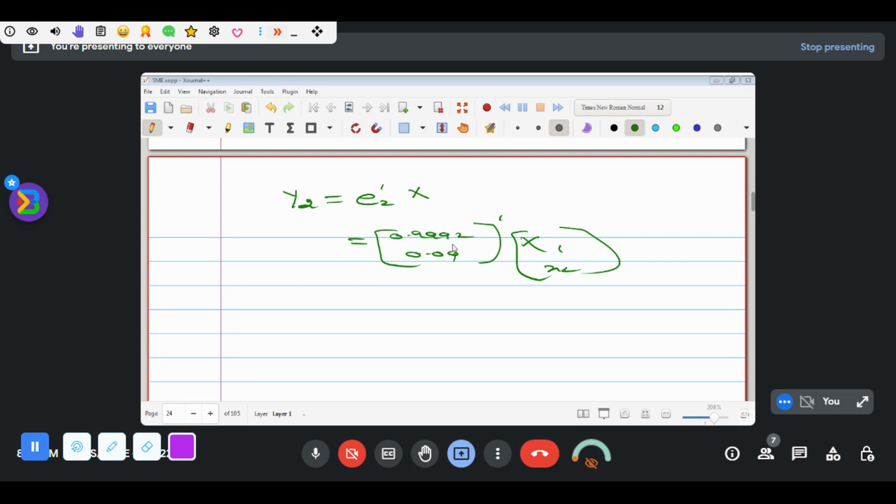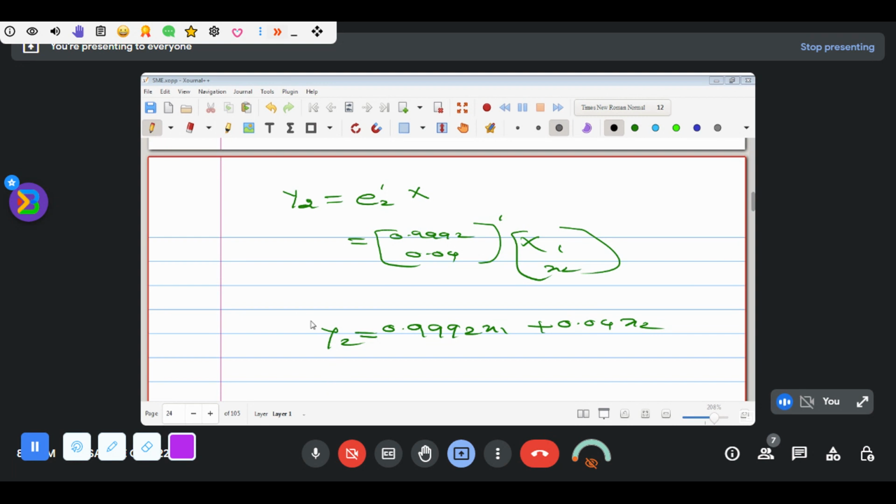Transpose means row wise. So write it row wise. Then multiplying again: 0.992 x1 plus 0.04 x2. This is the y2 matrix.